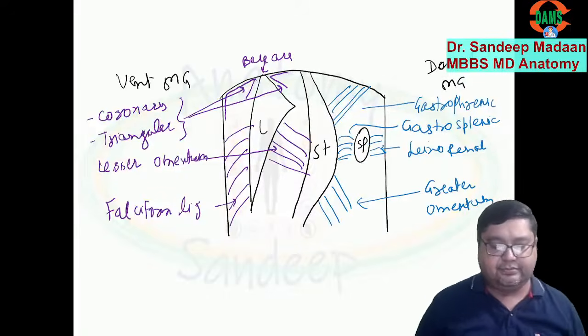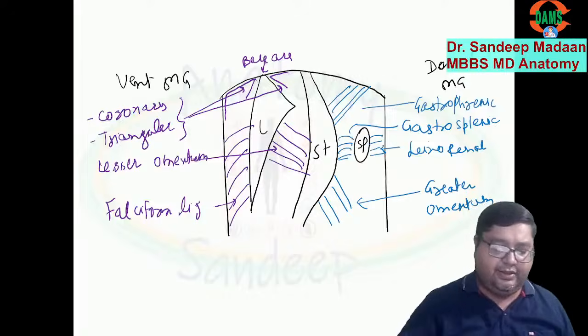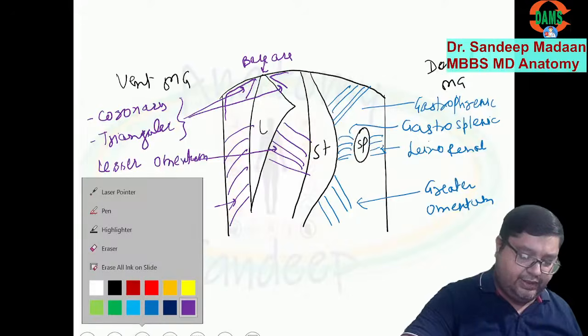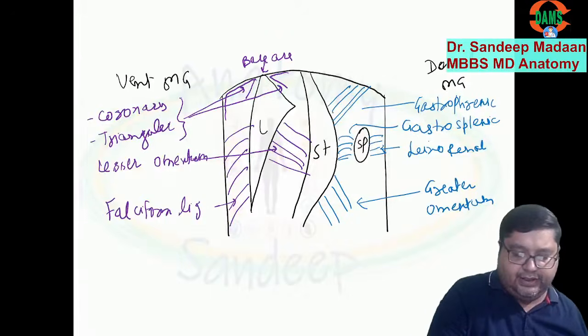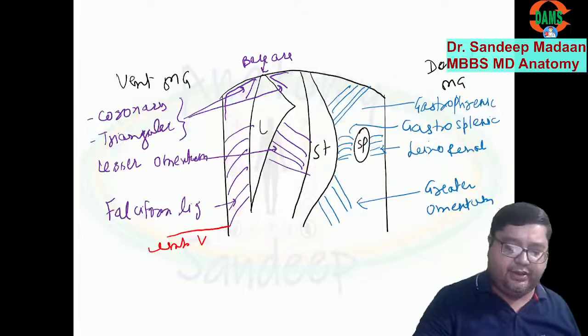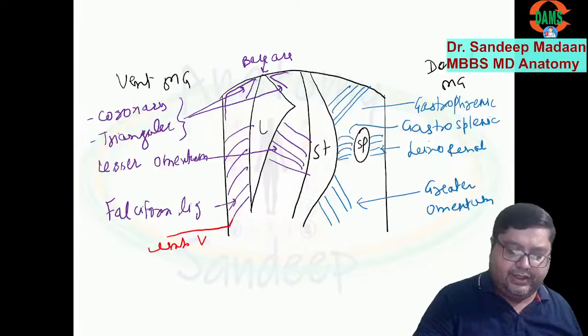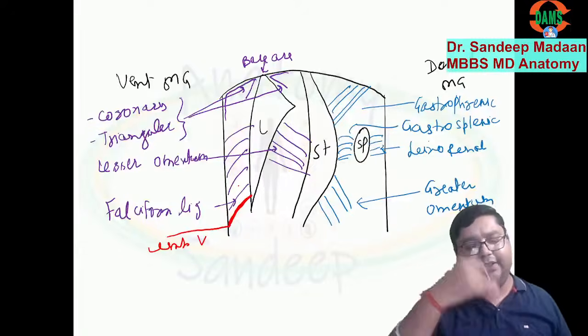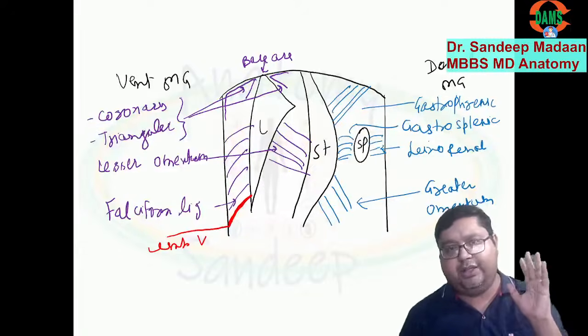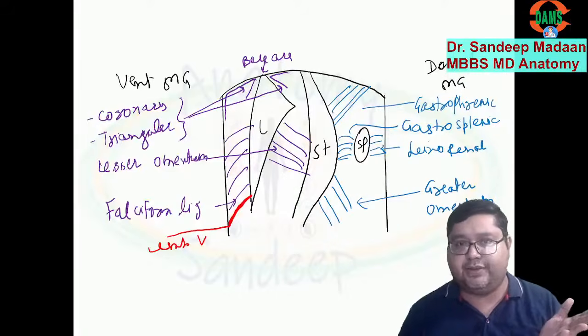Yes. One concept I will add over here. During fetal life we have the umbilical vein coming over here. It wants to reach the liver. It will reach the liver via the falciform ligament. It becomes content of the falciform ligament and reaches the liver. The umbilical vein reached the liver because inside the liver there is the ductus venosus, okay?